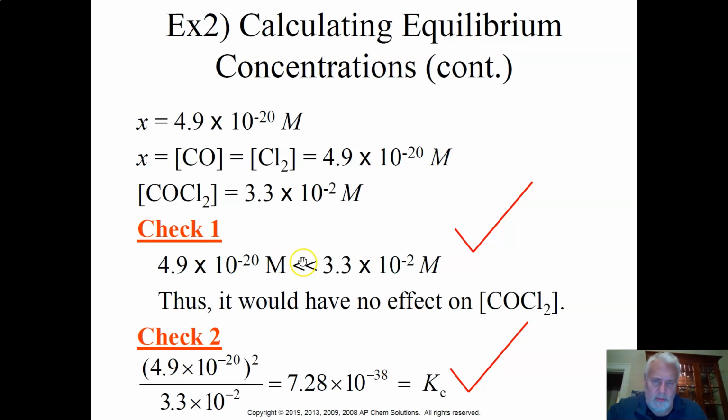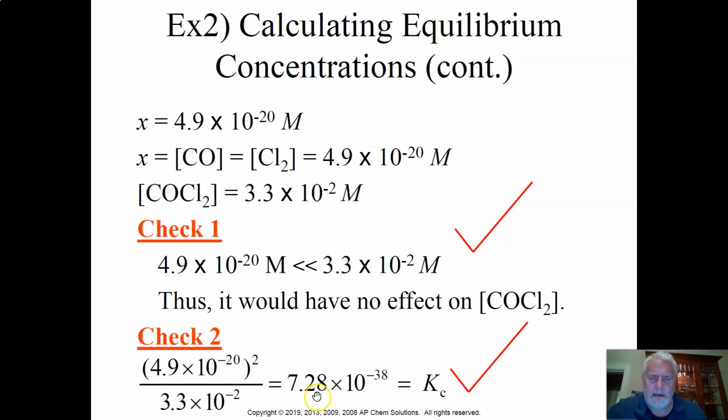So, was this a correct assumption? Is 4.9 times 10 to the minus 20th less than 3.3 times 10 to the minus 2nd? Yeah, it's way less than. So it would have no effect on the concentration of COCl2, and it was an okay thing to assume as being 0. Then you can just check it to see how close we come.